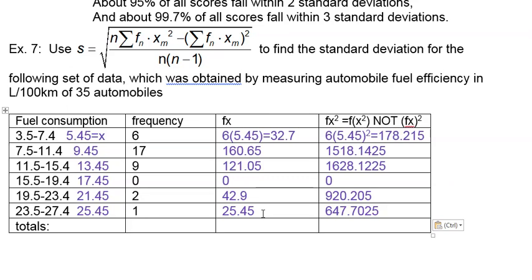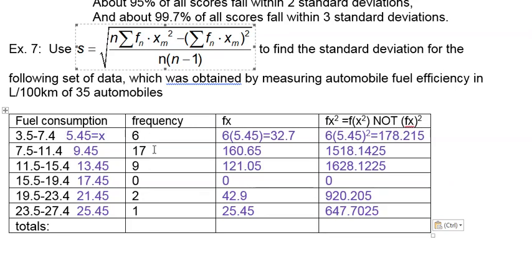And we do need totals for each of these. So we need the total f times x for this part of our formula, right? It's the sum of f times x. And we need the total for f times x squared, right, for this part of our formula. We also need the total frequencies. Remember, our n is not going to be 1, 2, 3, 4, 5, 6.